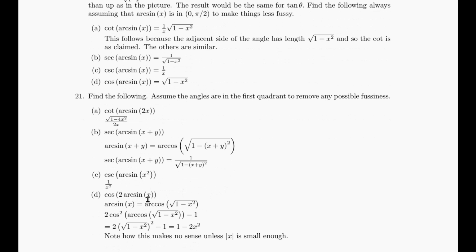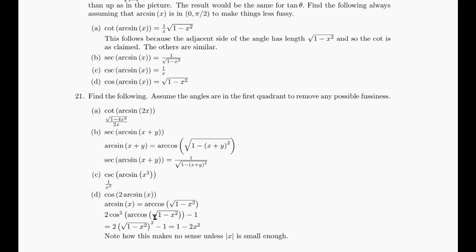Cosine of 2 arcsine of x, well, what do we have here? Arcsine of x is the arc cosine of the square root of 1 minus x squared. And so I take the cosine of that, and that would just give me the square root of 1 minus x squared. So if I take the cosine of 2 of these, I have 2 cosine squared of this minus 1.